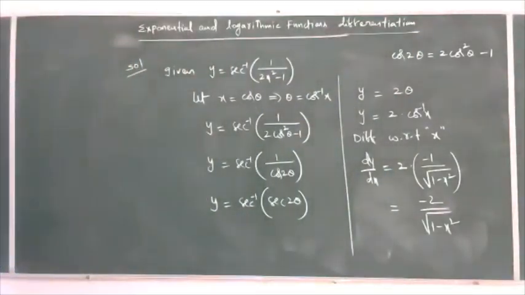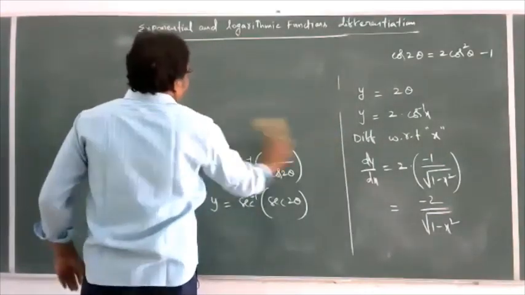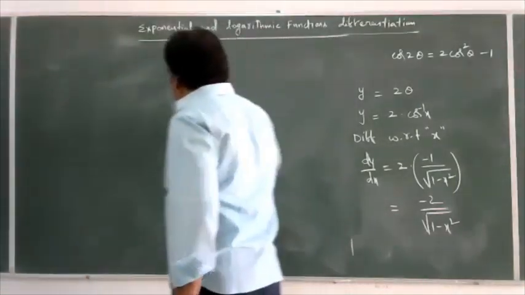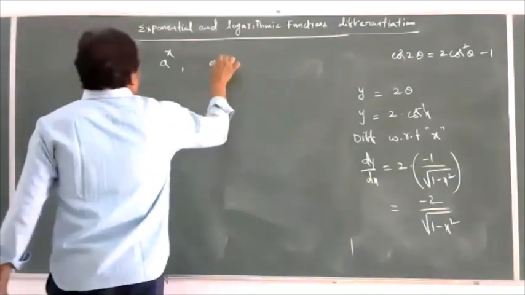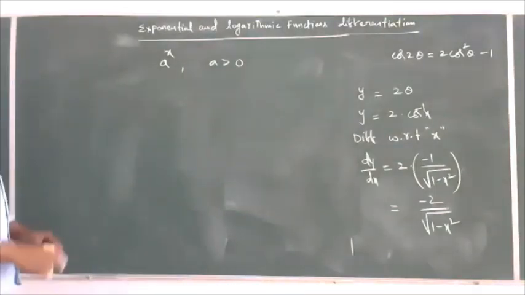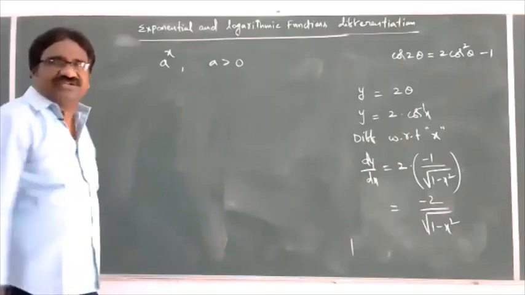Already you know what is meant by an exponential function and what is meant by a logarithmic function. Let us give the definition again. What is an exponential function? For example, a power x, where a is greater than 0, a positive real number. Then a power x is an exponential function.